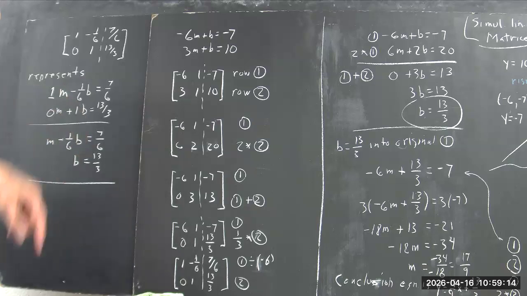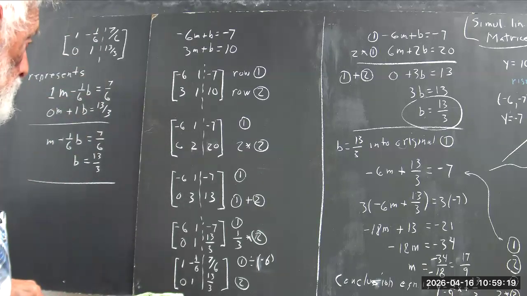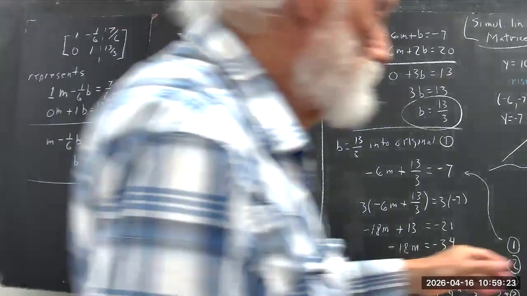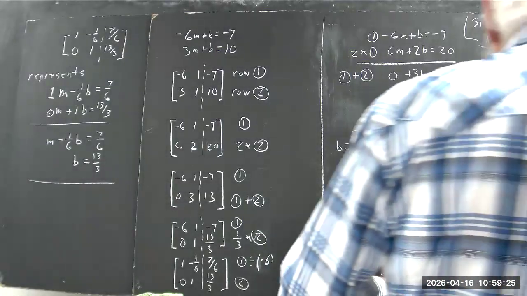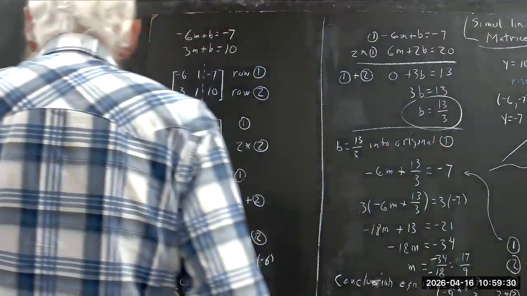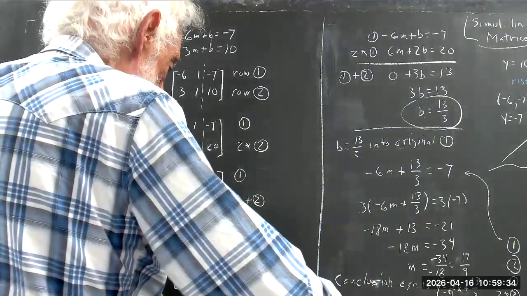And if I did the arithmetic correctly, I would have my solution. We'll do that a little bit later. My point is, let's finish it and then I'll make my point.